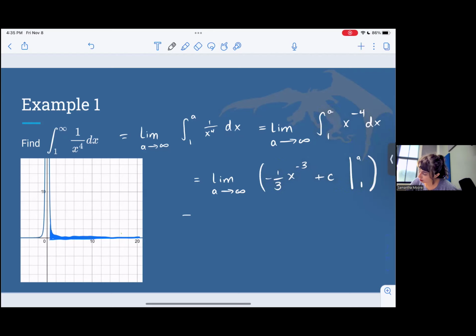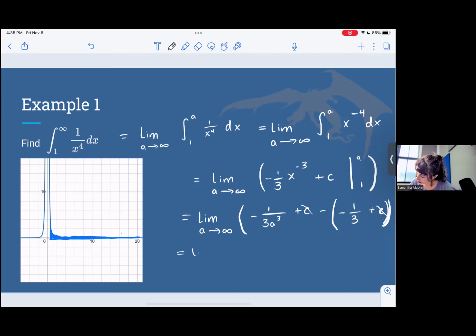So if I clean that up a little, this is the limit as a goes to infinity of negative 1/3a cubed plus c, minus negative 1/3 times 1 cubed plus c. My plus c's cancel.